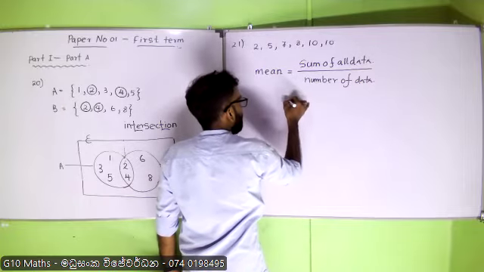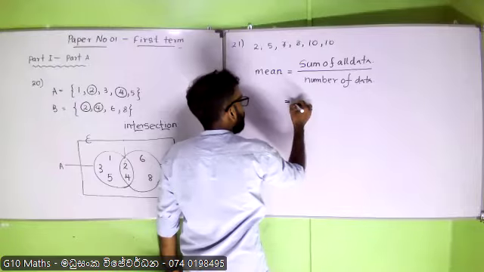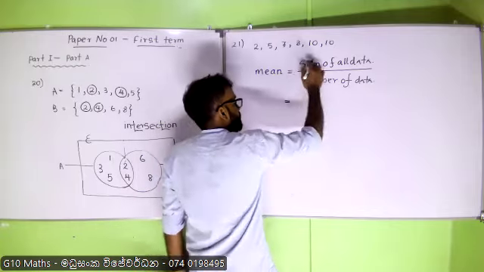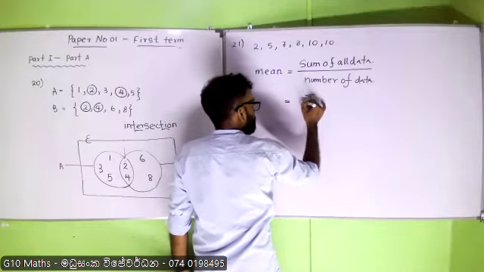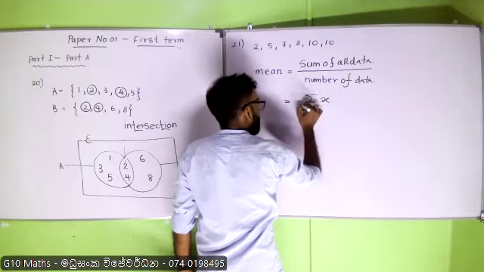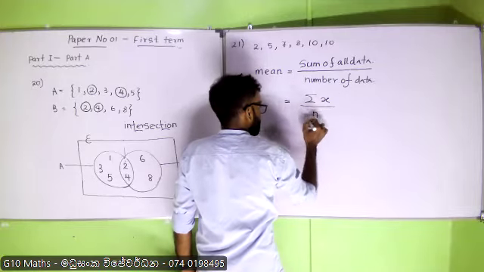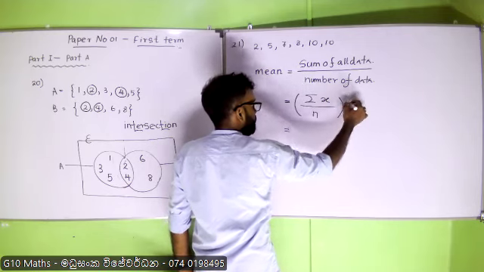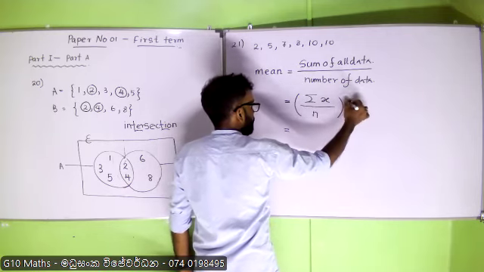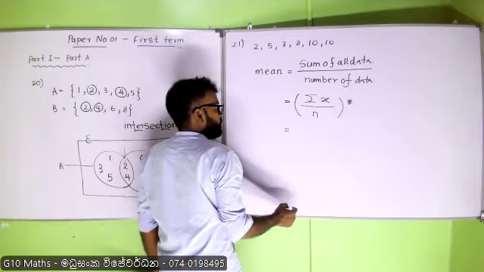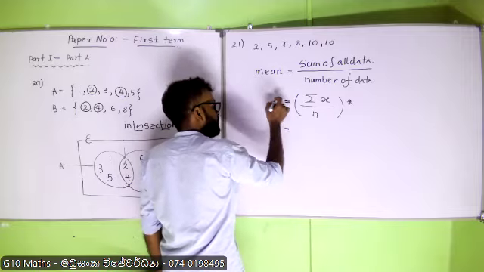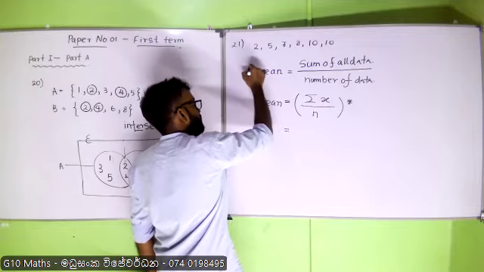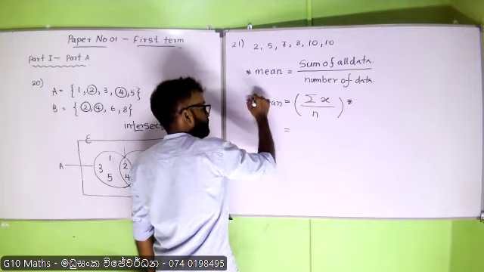If you remember how to represent this in mathematical form, sum of all data means sigma x, number of data means n. This is for your knowledge. If you want, you can directly use this one or this one.